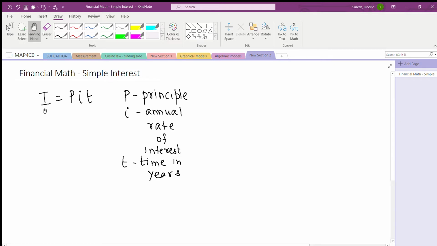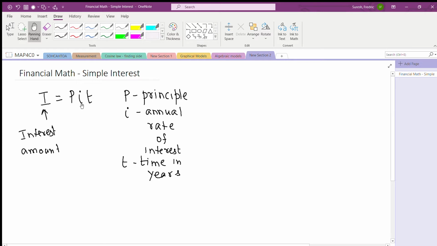The interest formula: I is the interest amount that you make. So the interest amount depends on three things. It depends on the principal. The principal is the money that you borrow or the money that you deposit for making money as an investment.